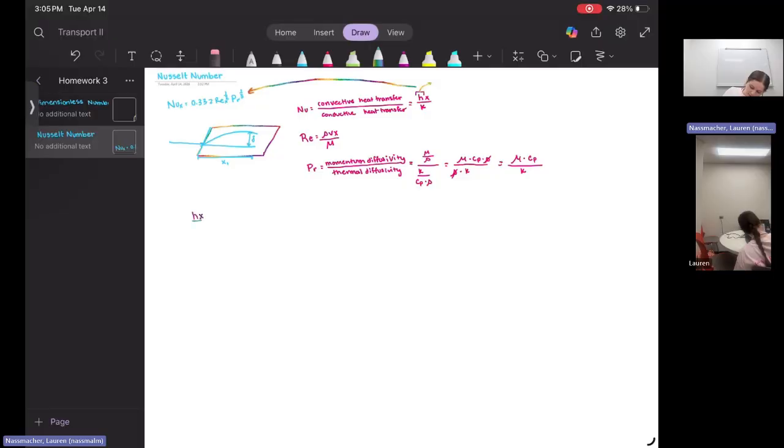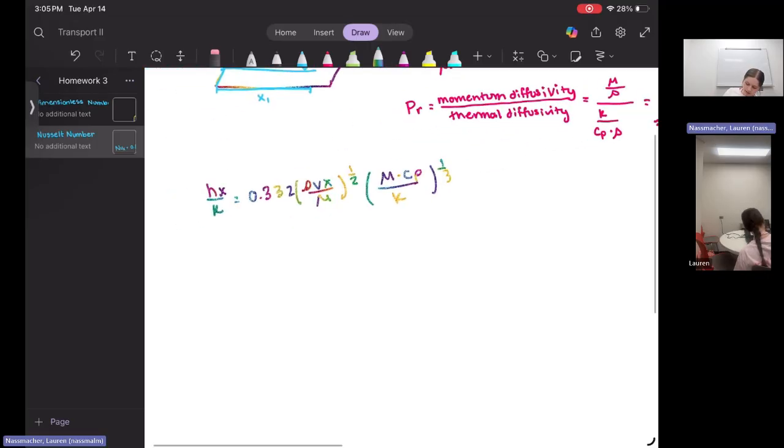We have hx over k is equal to 0.332, our Reynolds number, which is rho v x over mu, to the 1/2 power, multiplied by our Prandtl number, which is our viscosity multiplied by our heat capacity over our conductive heat transfer coefficient, to the 1/3 power. So let's solve for our h, and so you'll multiply everything by k and divide it by x. Just put that on the outside.